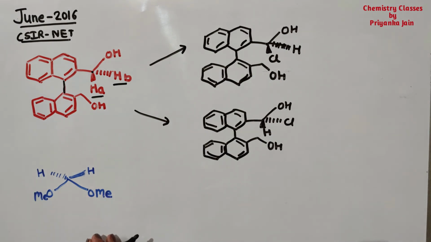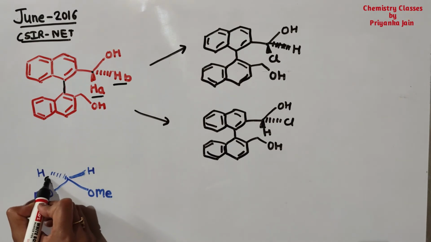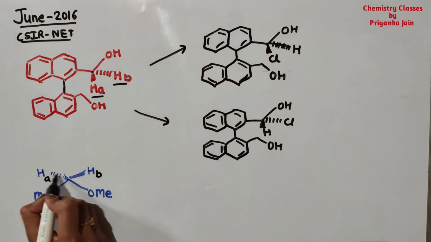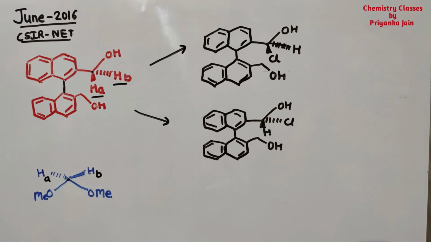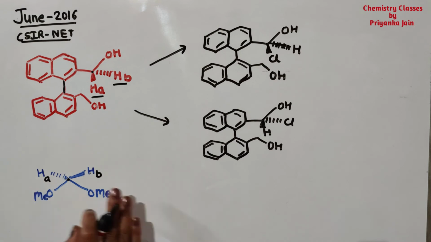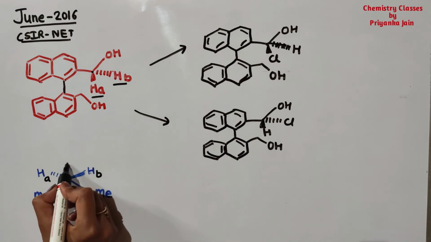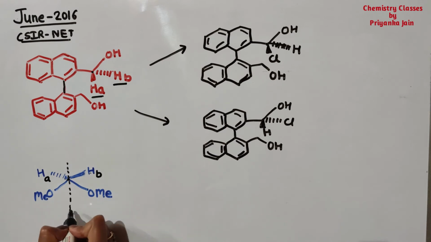Now I am giving you some examples. See here, this molecule. If we have to find out about these two hydrogen atoms, Ha and Hb, this is the other molecule you can see here. So the first thing we have to see is that the two hydrogens are attached to the same carbon atom, so these are not constitutionally heterotopic. Then we have to see whether there is a C2 axis present in this molecule.